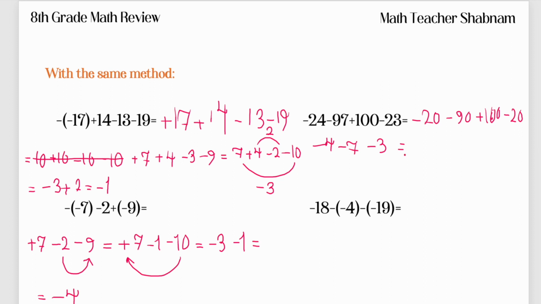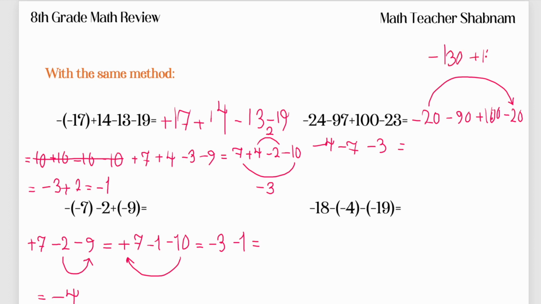Very well. Now, we're basically looking at two -20s, which give us -40, and a -90. -40 and -90 gives us -130.